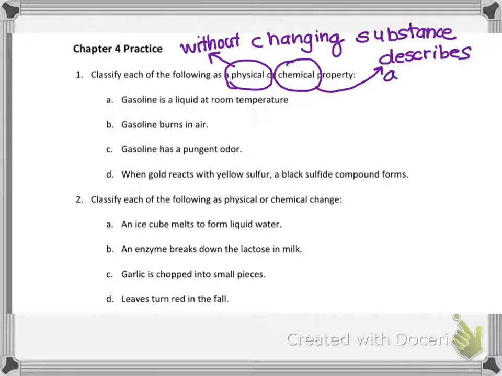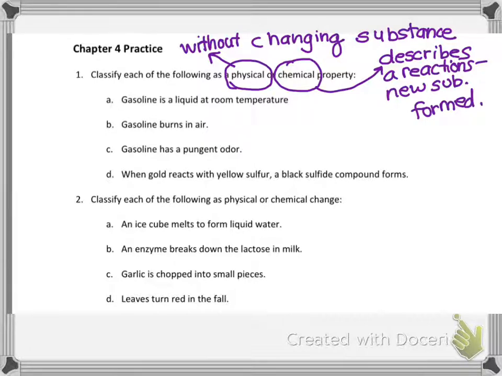And when a reaction occurs, a new substance is formed. So in my mind, when I'm trying to classify something as physical or chemical, I'm asking myself, when in this description, would the substance change into something new, or would it maintain its own identity?